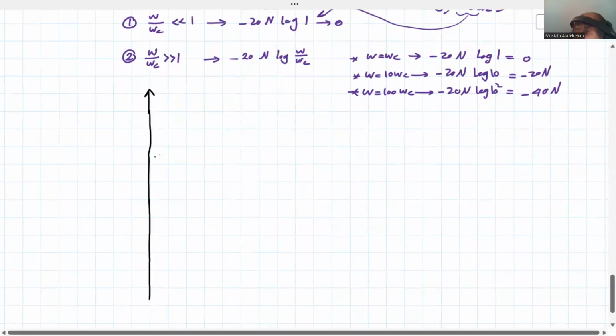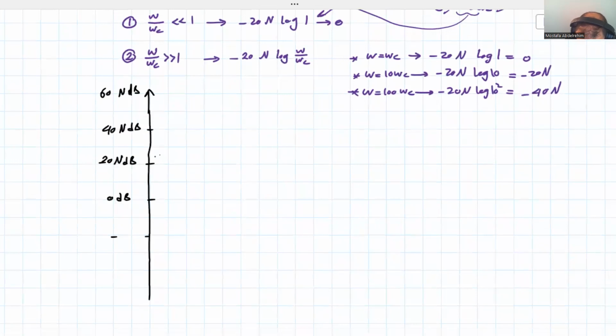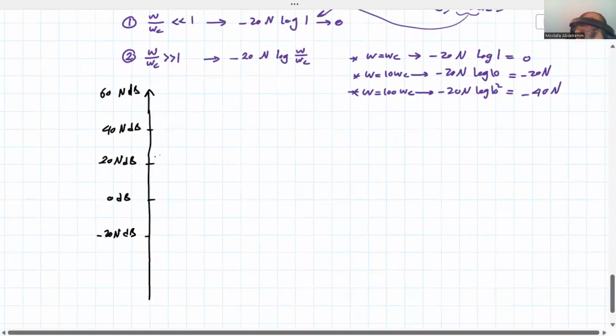The y scale is a linear scale, so this is 0 dB, 20n dB, 40n dB, and maybe 60n dB, and below, minus 20n decibels, minus 40n decibels, minus 60n decibels.